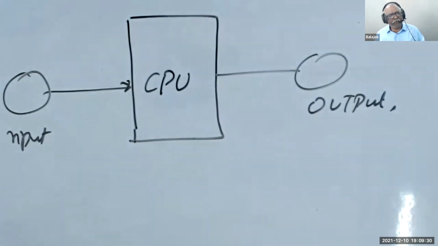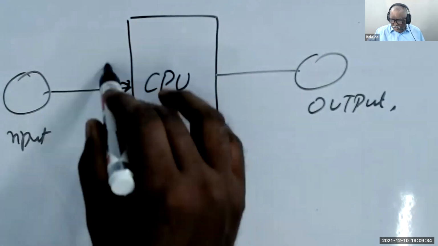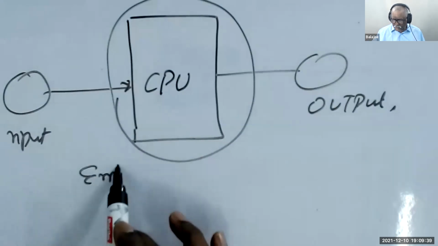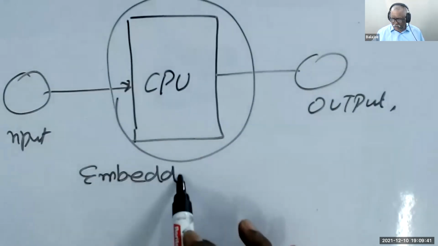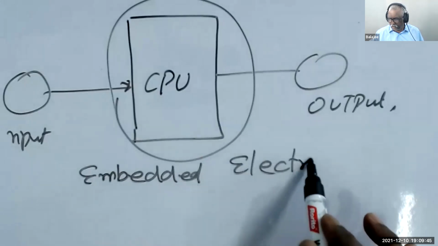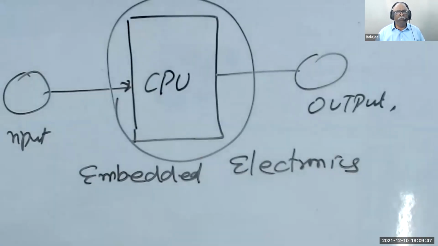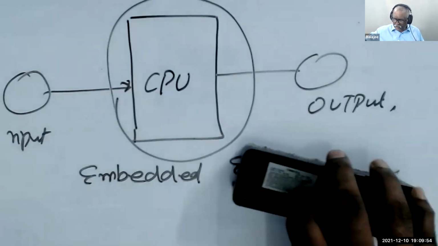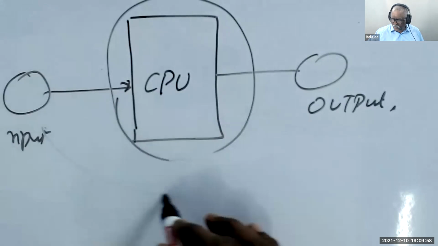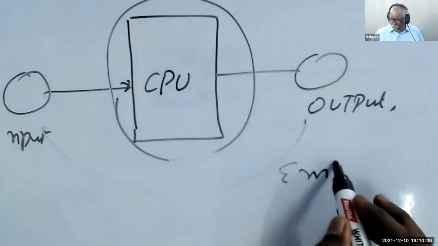So the trick here is, as I told in the first class, the relation between input and output is called embedded electronics. Please understand, this is called embedded electronics. Whereas this is called embedded system.